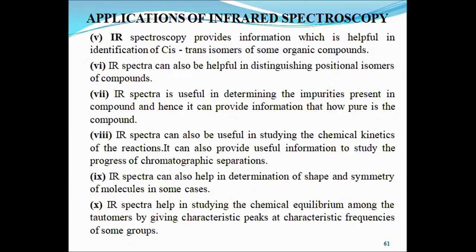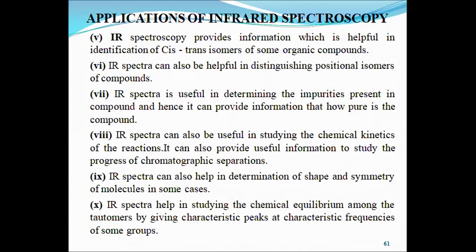IR spectroscopy provides information which is helpful in identification of cis-trans isomers. It is also helpful in distinguishing the positional isomers of compounds. It can also be used to determine the impurities present in a compound.